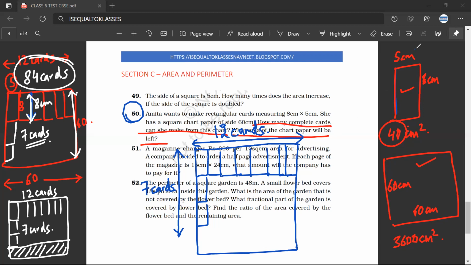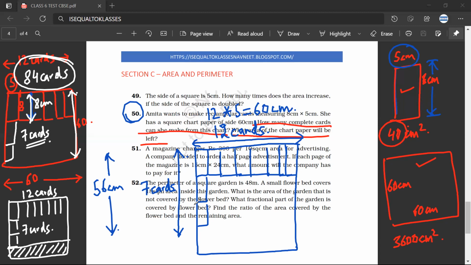Because my card looks like this. So 12 into 5 is 60 centimeters here, and this is 8 centimeter. So 8 into 7 is 56 centimeter here. I need to use only complete cards. I can't break the cards. I can't tear off the cards. Sarthak, have you understood?